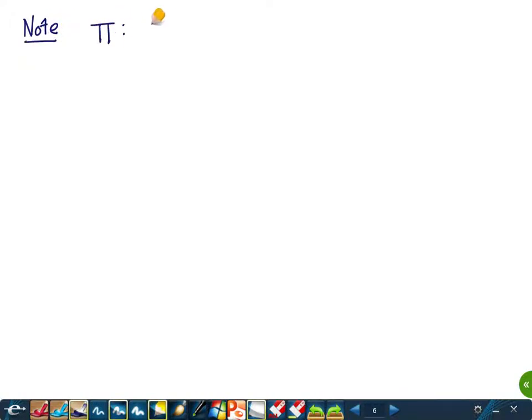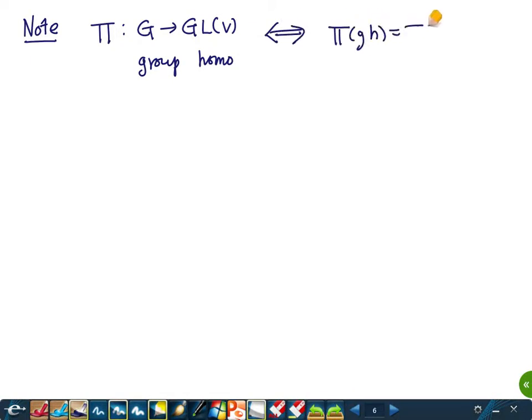So this GLV is a group representation. Group representation means just a group homomorphism. And what does that mean? It means g h equals g h, right? Oh, sorry. Of course, that's true.